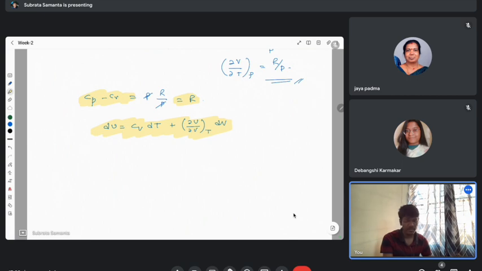For ideal gas, dU actually is Cv dT, but in general the change in energy is not just the temperature, it also depends on the volume.